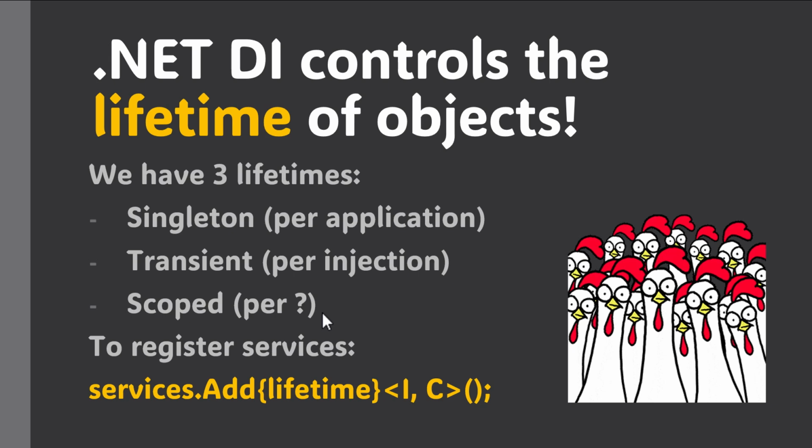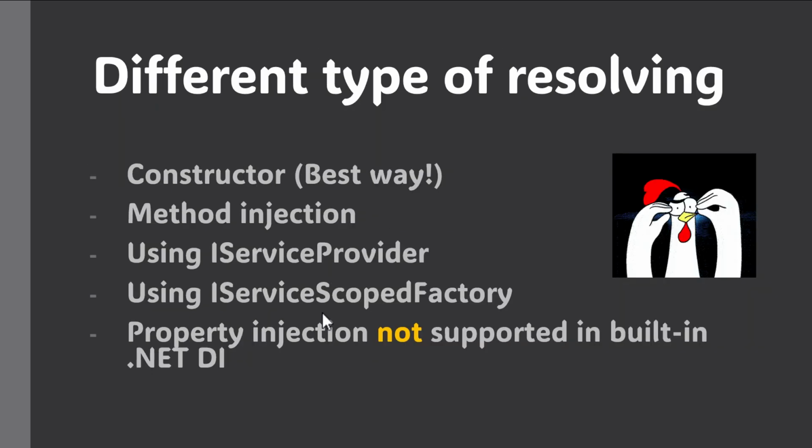Another one for registering services, simply we can say services dot add lifetime, for example, add singleton, scope, or transient, and then passing the interface and then the implementation type. Okay. We have different ways of resolving those services that are already registered in the DI.